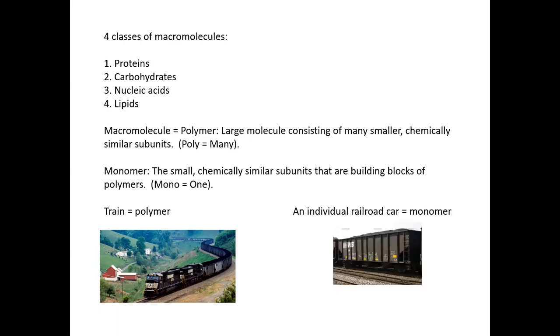And then the monomer, these are the single units that are brought together to form the polymer. Well, in our case, the monomer would be a train car. All of these would be individual monomers.